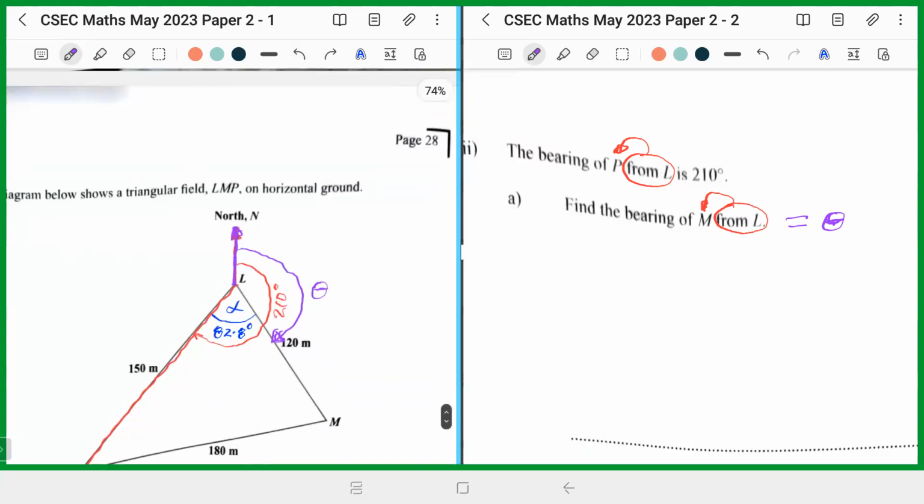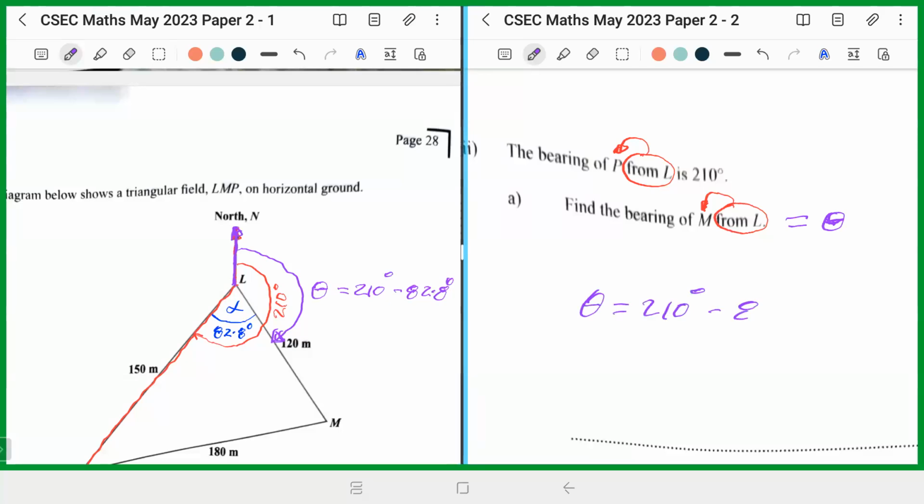We can write theta equals 210 degrees minus 82.8 degrees. The bearing angle that we want is 210 degrees minus 82.8 degrees. You work it out. Remember, you give it in 3 digits.